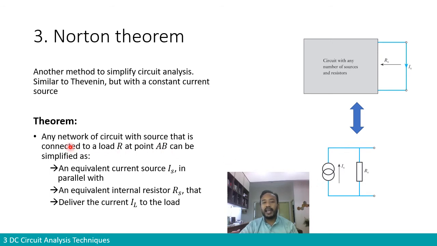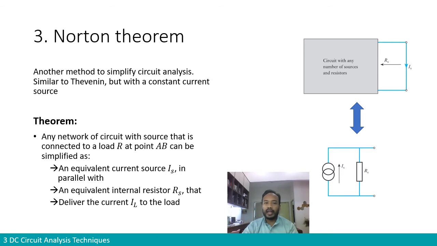The theorem says any network of circuit with sources that is connected to a load R at points AB can be simplified as an equivalent current source IS. Previously it was in series, but now the current source is in parallel with its internal resistor RS, and it delivers a current IS, which at the load becomes the load current IL.